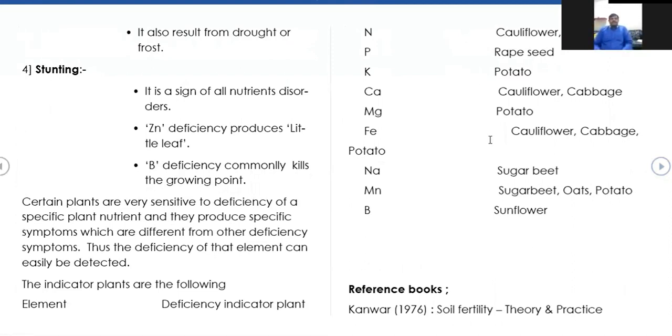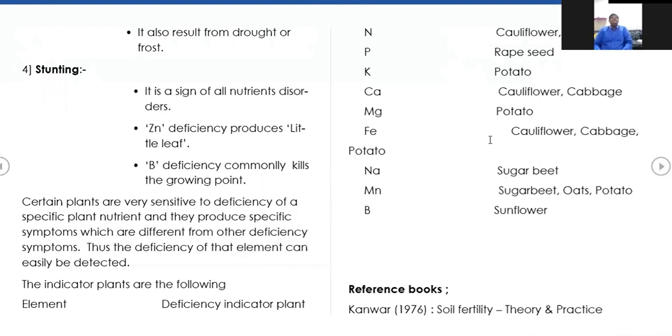It is a sign of nutrient disorders, particularly zinc deficiency, that is little leaf, or boron deficiency, that is cracking in pomegranate, from stunting. These plants are very sensitive to deficiency of a specific plant nutrient and produce specific symptoms. Thus deficiency of that element can easily be detected.